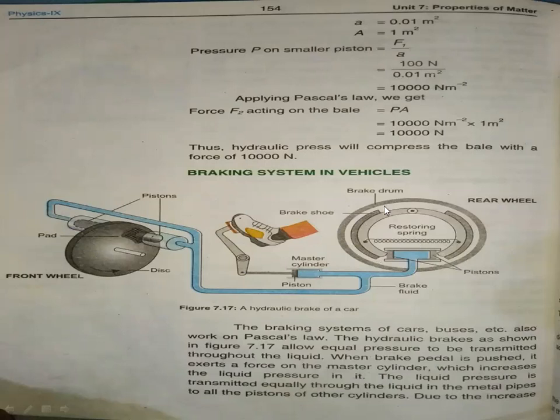This is the master cylinder, this is the piston, and this is also a piston over here. These are the pads. So this is the hydraulic brake of a car, and it works on the principle of Pascal's law. The braking system of cars, buses, etc. also works on Pascal's law.